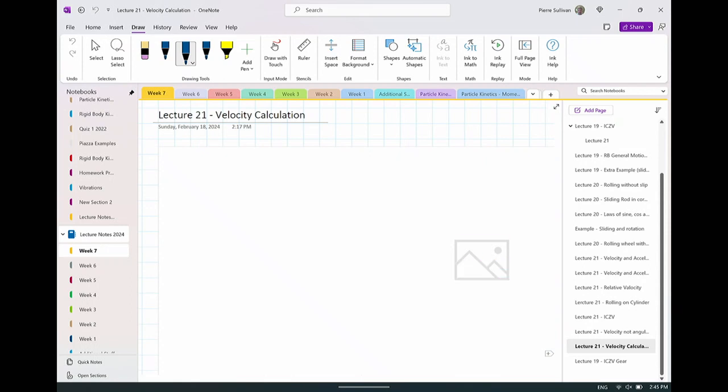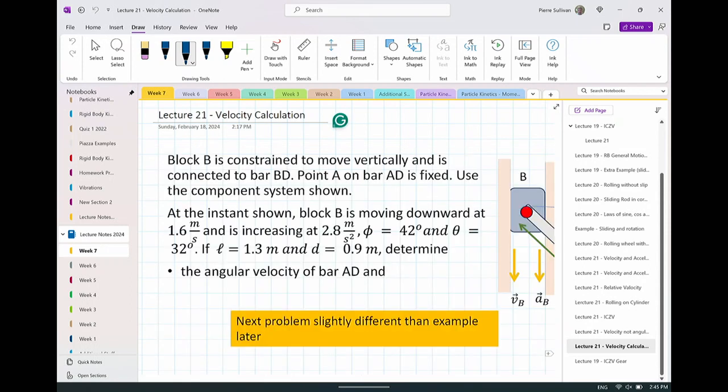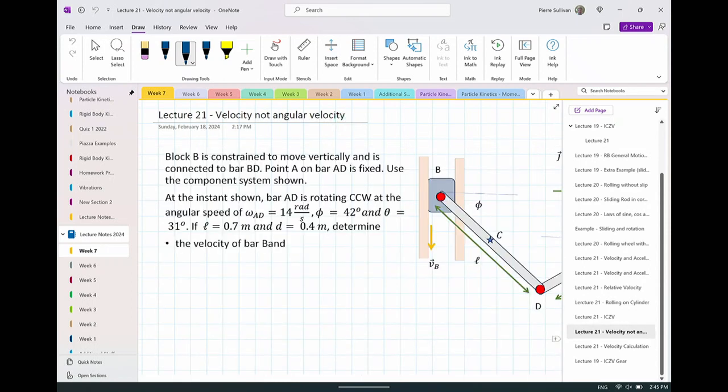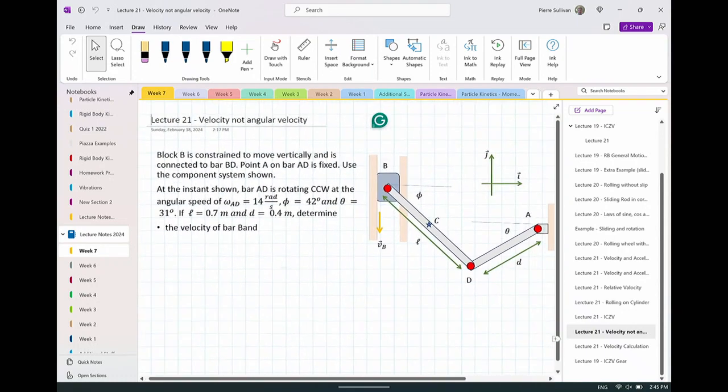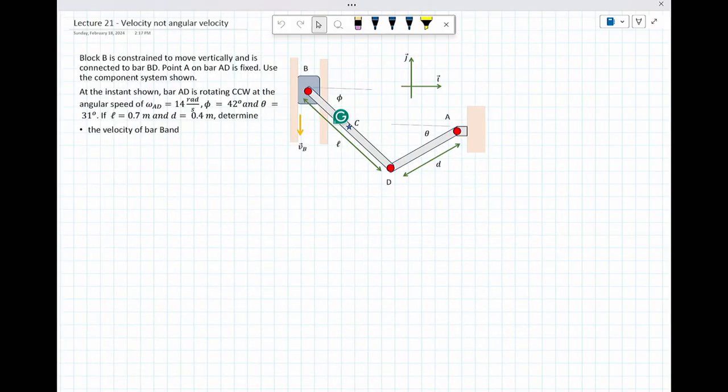There we go. All right. Okay. Am I going to be able to do this one? Maybe I don't want to do this one yet.